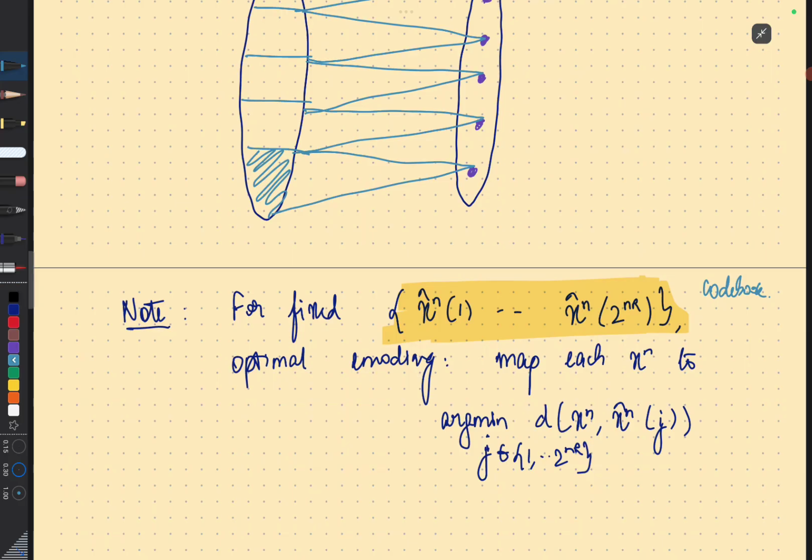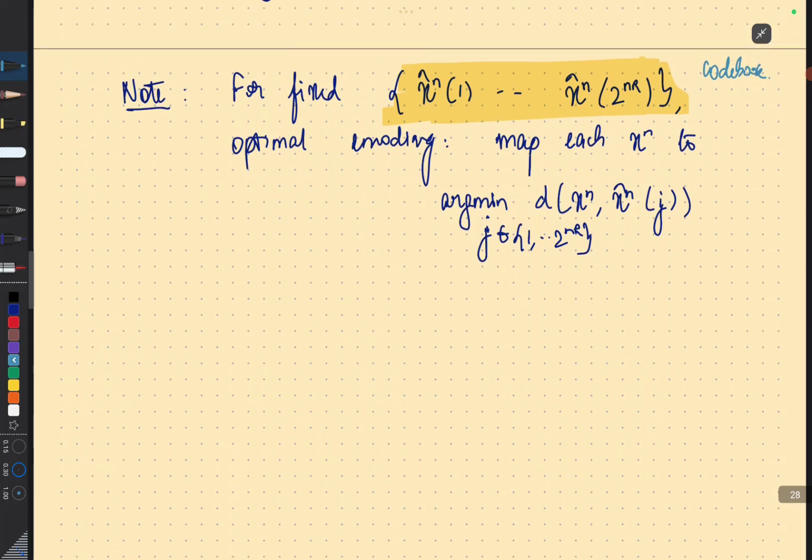Right? So right now I'm going to be introducing a bunch of new conceptual ideas. So firstly, remember that I have to specify what the code book is, and I also have to specify what the encoding is. Right? How do I choose the code book?